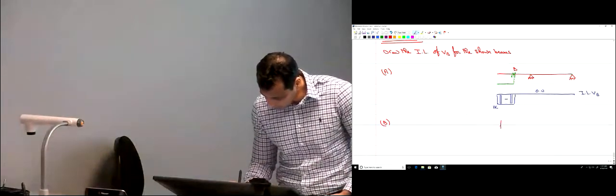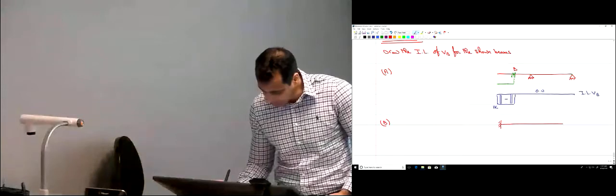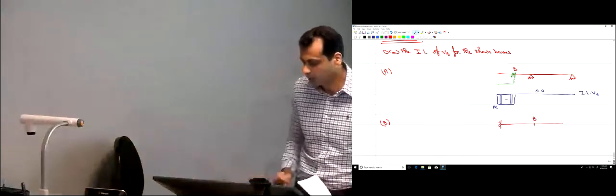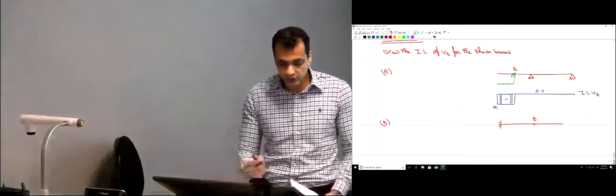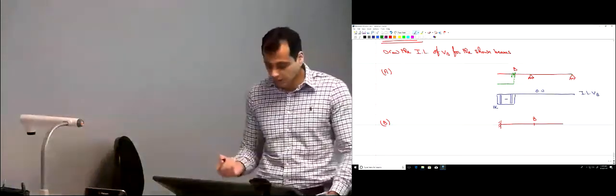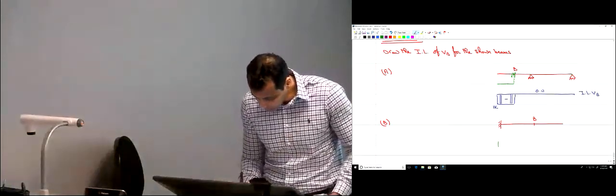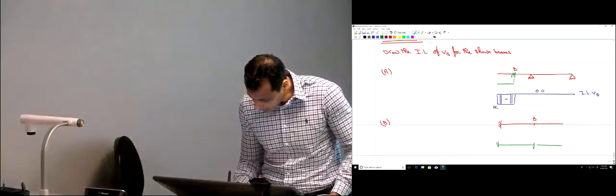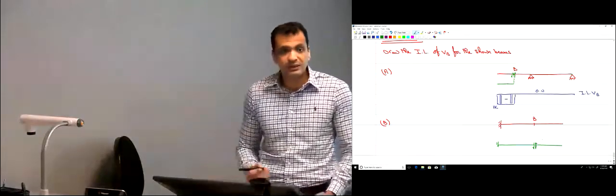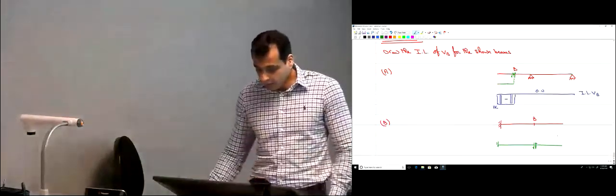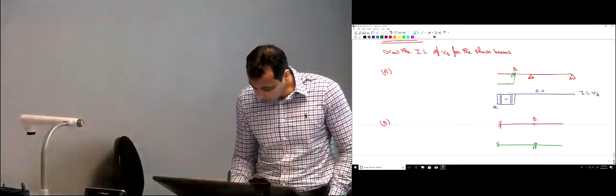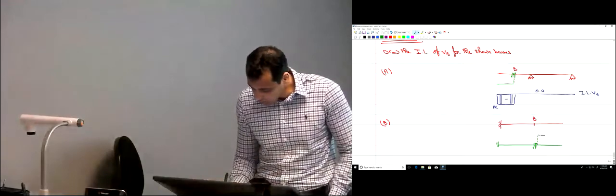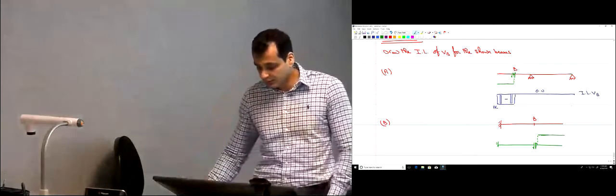If we have a cantilever beam like this, and this is point B, we want to draw the influence line for the shear at B. How would we do this? Introduce a break here, and then apply the unit shear displacement. Again, the left part is attached to the support, so it's tough to move it, while the right part will just get displaced like this, if you put a unit shear displacement.